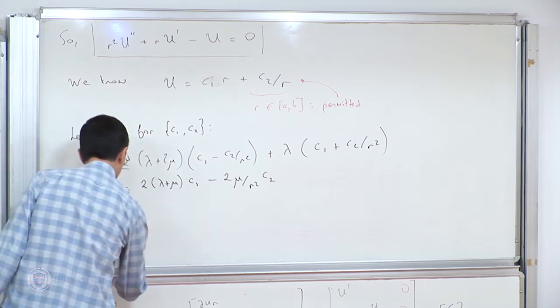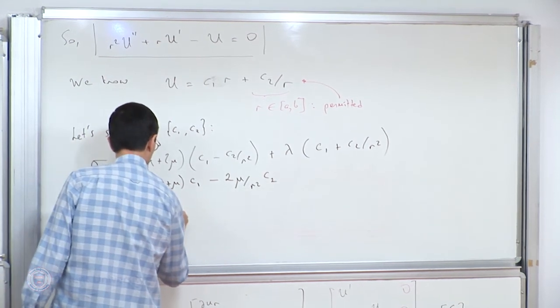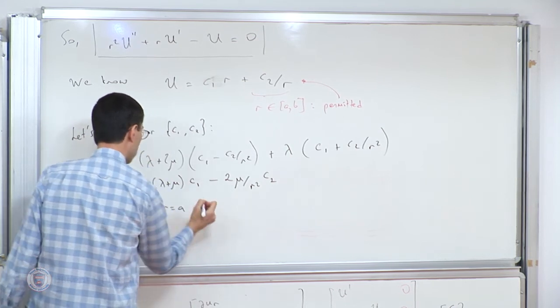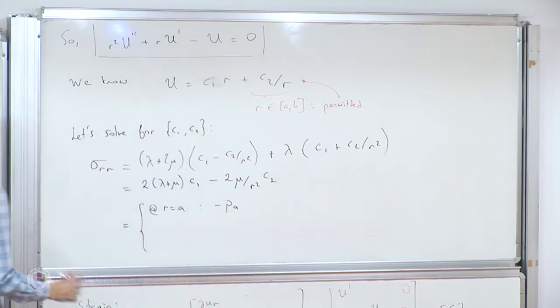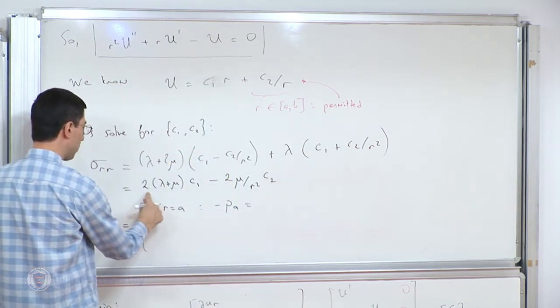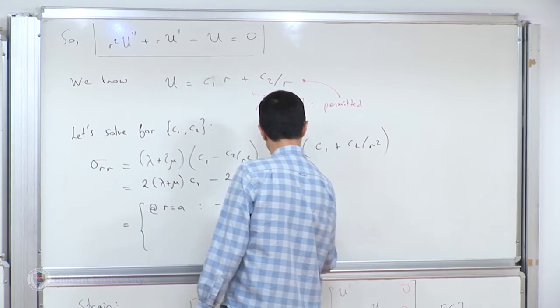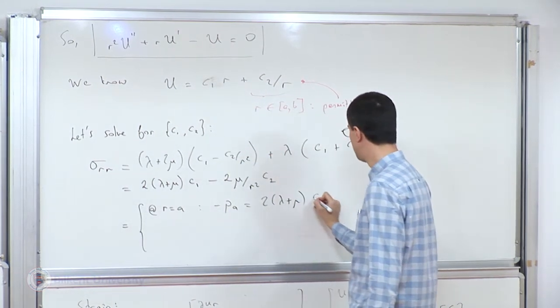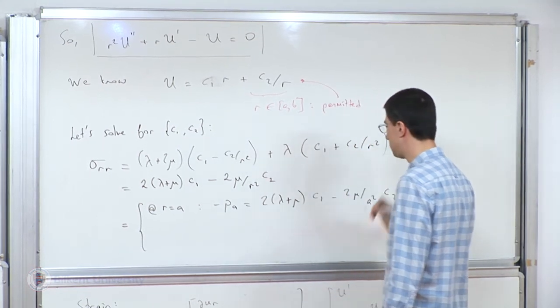And now this is supposed to be equal to, at r equals a, for instance, minus Pa, because that is my boundary condition, the pressure on the inside. So I can plug in r equals a in that equation. So lambda plus 2 mu C1 minus 2 mu over a squared C2.